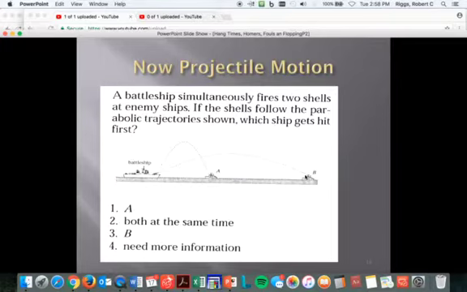The answer is B. And the reason is, say there's 2 guns right next to each other there, you can't see them. Once this shell leaves this gun and it's going along this path, the only acceleration that happens to it is due to gravity. So everything's in the Y component, the up and down part.